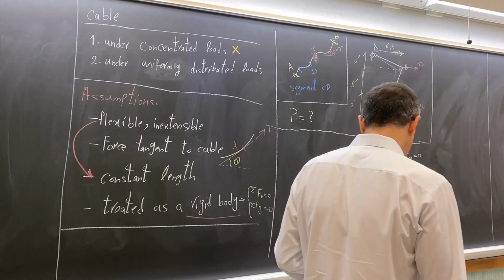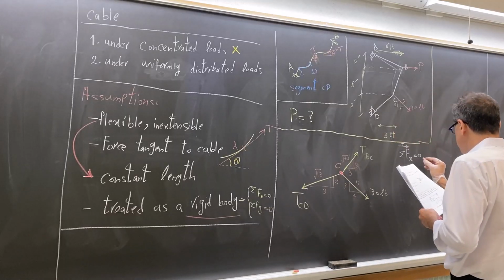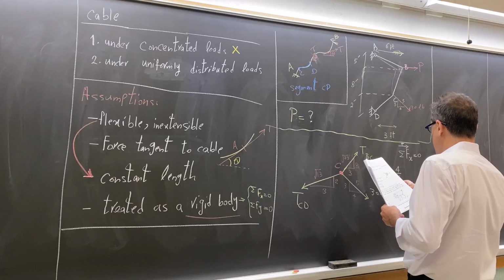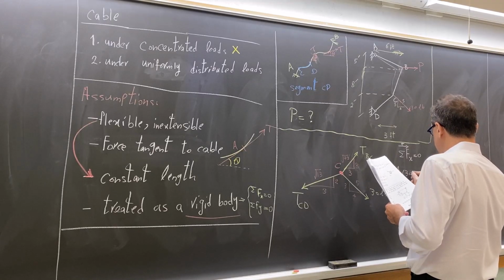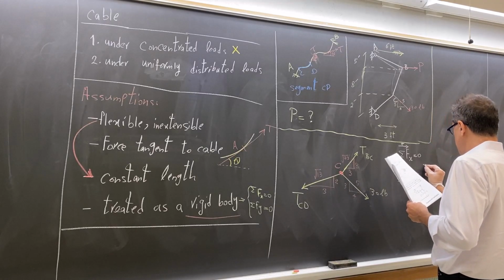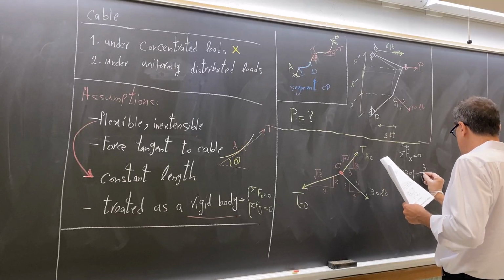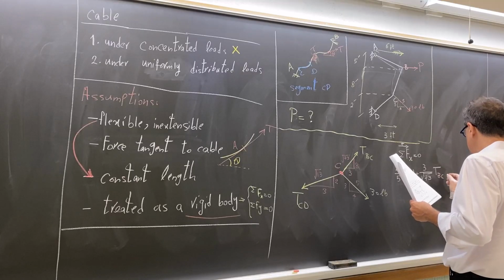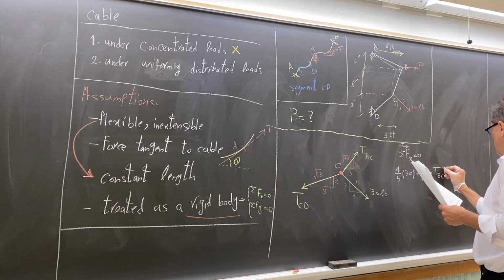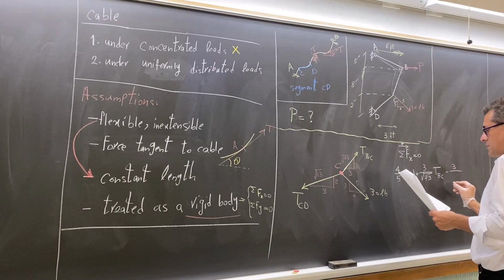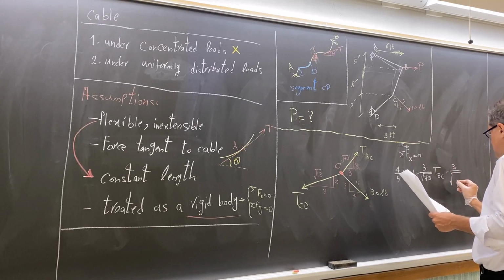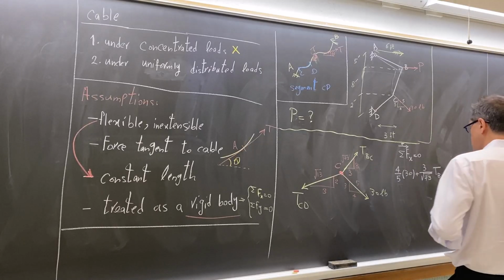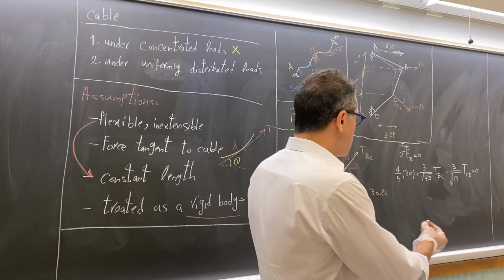Sigma Fx. So the components are 4 over 5 times 30 plus 3 over square root 73 times TBC minus 3 over square root 13 times TCD. So please look at this.